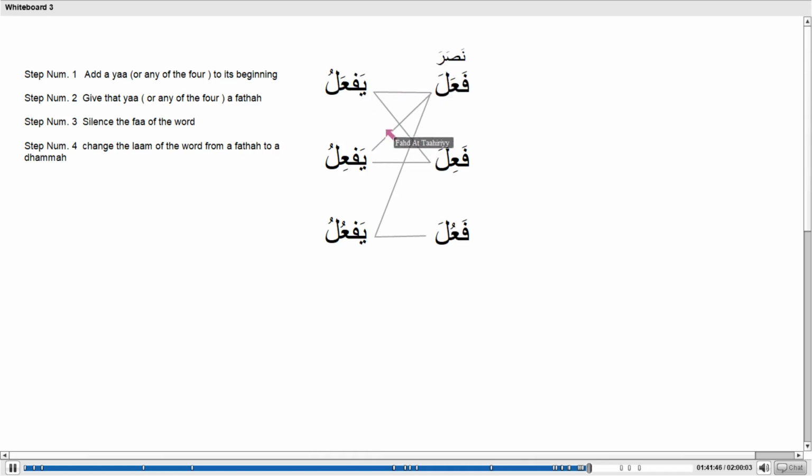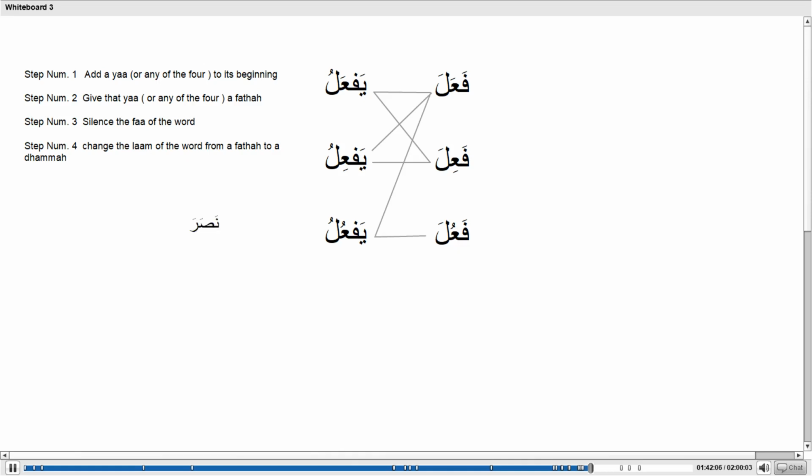Okay? Can nasara come with every combination? We say no. Nasara belongs to a single chapter, yani to a single combination. Okay? Nasara belongs to a single combination, yes, in most cases.